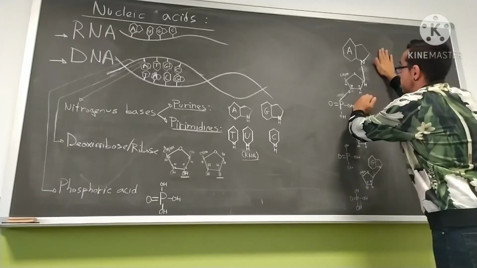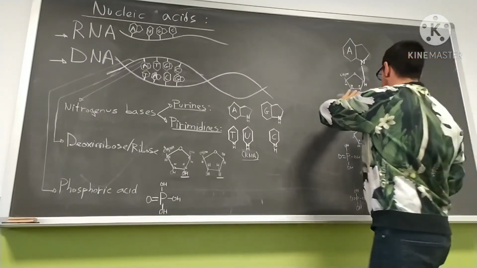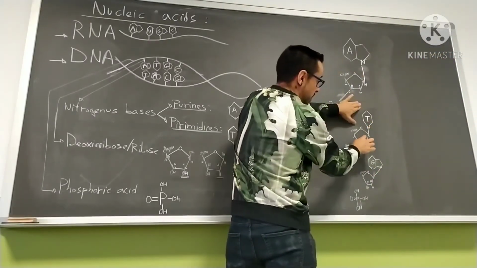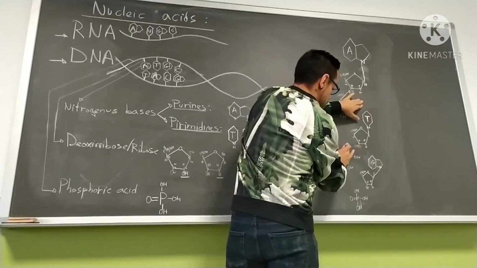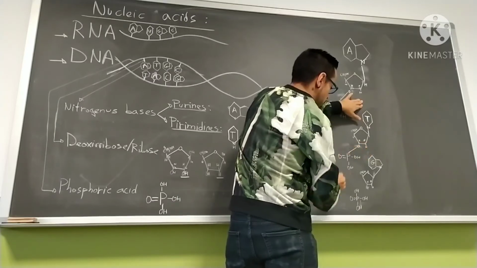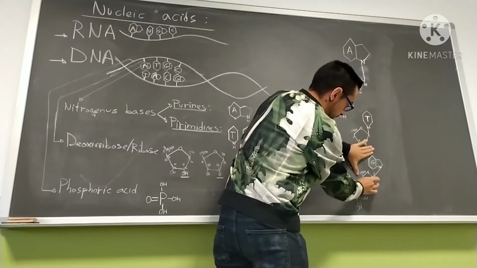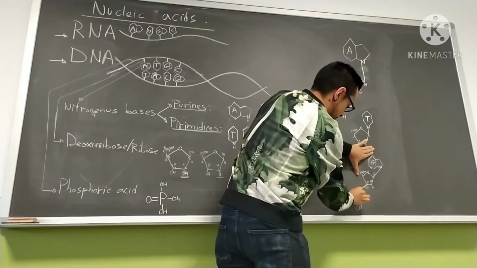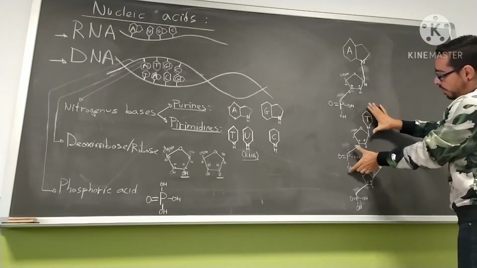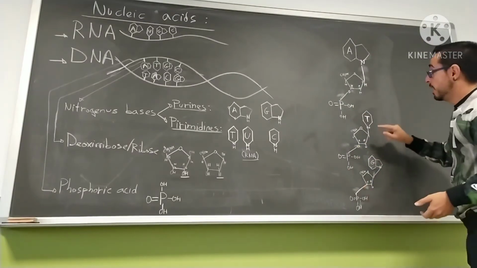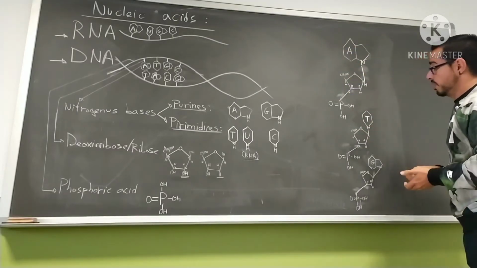If we do the same with the other ones, we are going to have the base joining to the deoxyribose, joining to the phosphorus, and the last one is just the same. These are called nucleotides. This is a nucleotide, this is another nucleotide, and this is another one. Now we have to join this first one with the following.